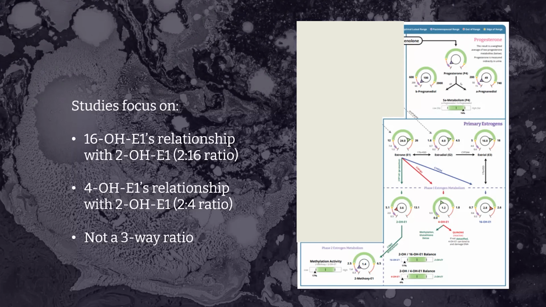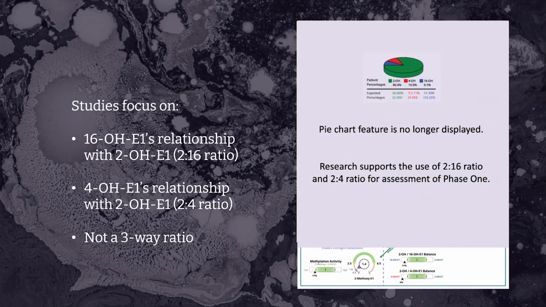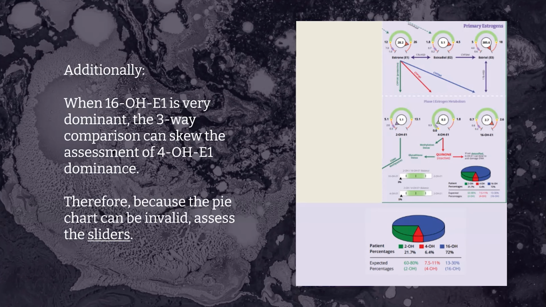So to stay consistent with that, our phase 1 sliders on the report display where a patient falls in the population percentile based on their direct ratios of 2 to 16 and 2 to 4 hydroxyestrone. And for a while, we had left the pie chart next to the population sliders because people were used to using it. But clinically speaking, the validity of the pie chart ratios can sometimes be limited by the dominance of one pathway.